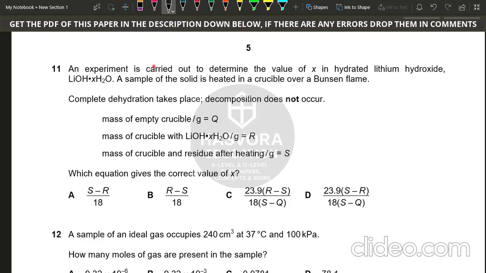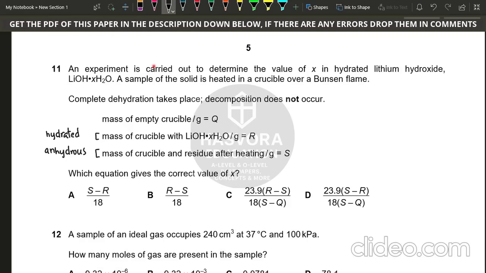Okay, they have given you the mass of the empty crucible, the mass of the crucible with LiOH·xH2O, which is actually your hydrated compound. Okay, so it is hydrated, this means it has the water in it. Okay, and the mass of the crucible and residue after heating, this means that it is anhydrous. Okay, it does not have the water now. So which equation gives the correct value of x?